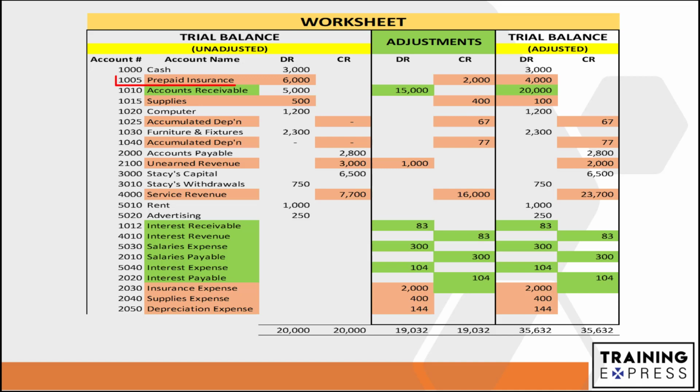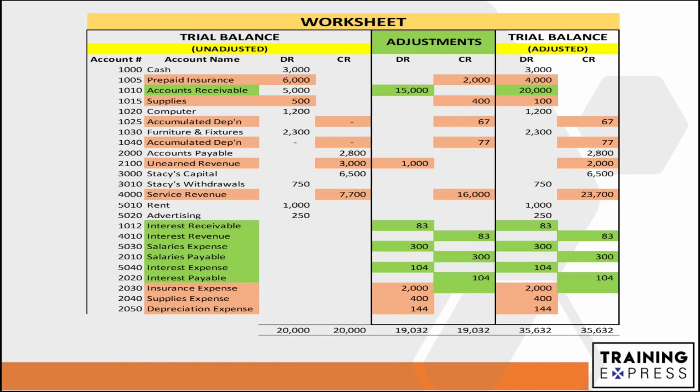For example, you can see here prepaid insurance initial balance is a debit balance of $6,000. Then we made an adjustment of $2,000 for the month of January. So prepaid insurance is credited by $2,000 in the adjustment section. And at the bottom, insurance expense is debit by $2,000.